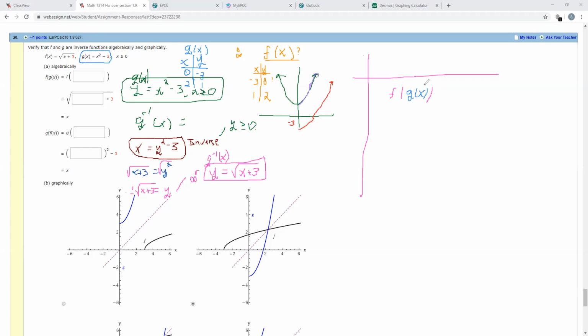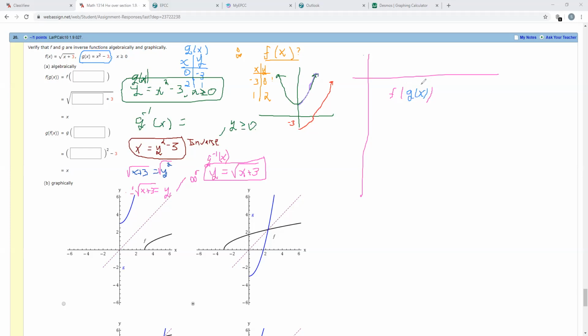We had a 3 and we put it into the squaring function and we got a 9, and then we put that range value 9 into the second equation, which was the square root function, and the square root of 9 goes back to 3, and that gives us an indication that these are inverses of each other.